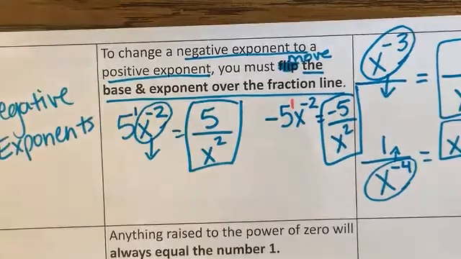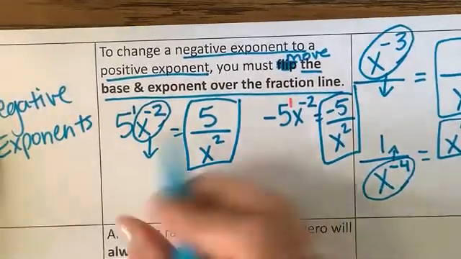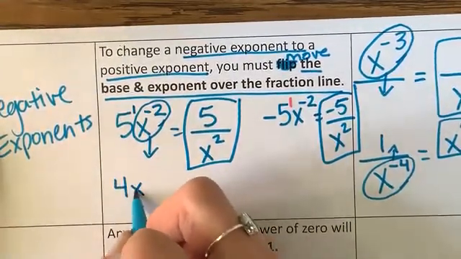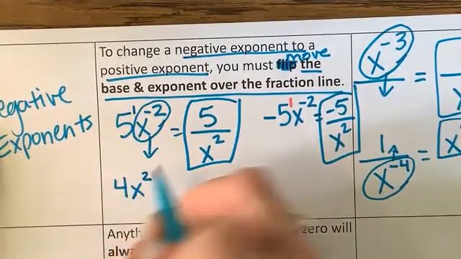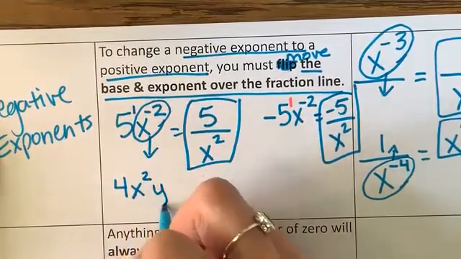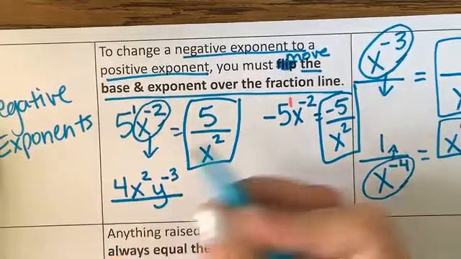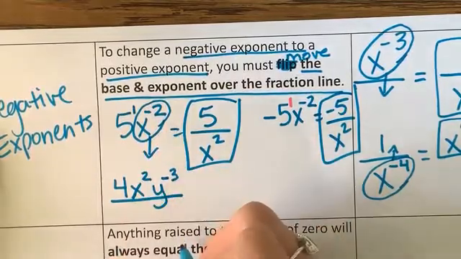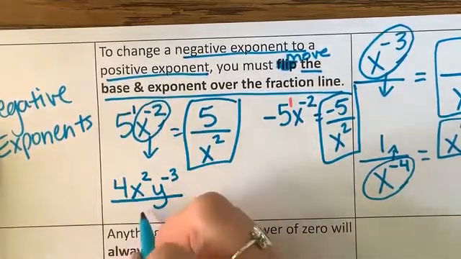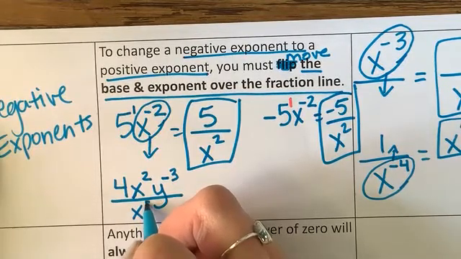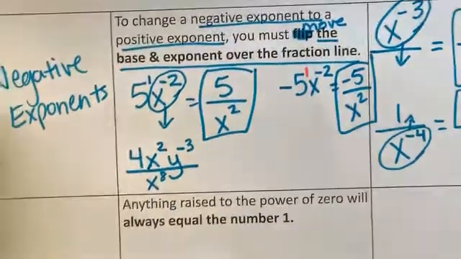All right, I'm gonna give you guys one more here. 4x squared y to the negative 3 all over, I should make this a good one, x to the 8th. Okay, here we are, guys.